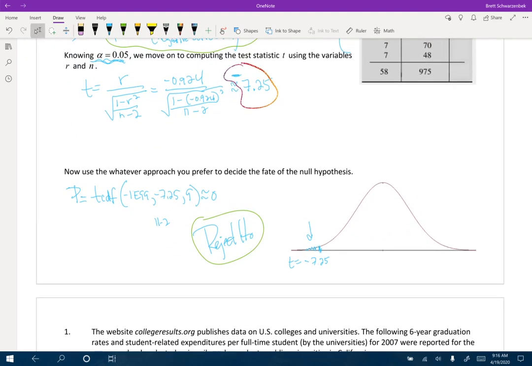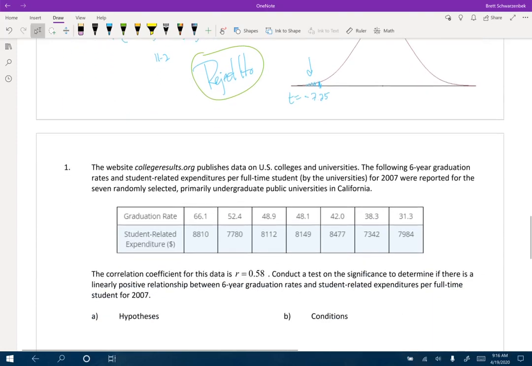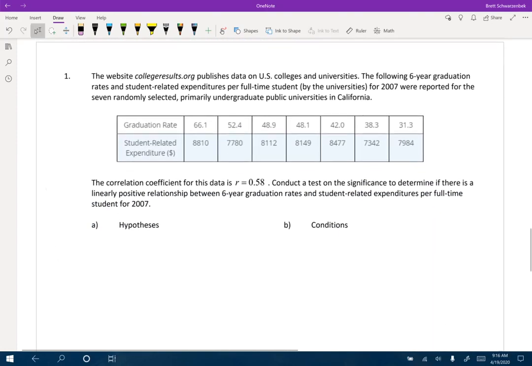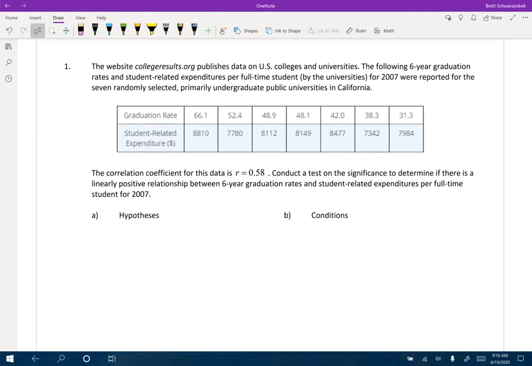Okay, so the best thing to do, I think, is to literally just work on one problem from scratch that we haven't seen before. So at least you have the full process. I am going to shortcut the process a little bit because you should already know how to do some of the procedures, older procedures like the conditions.